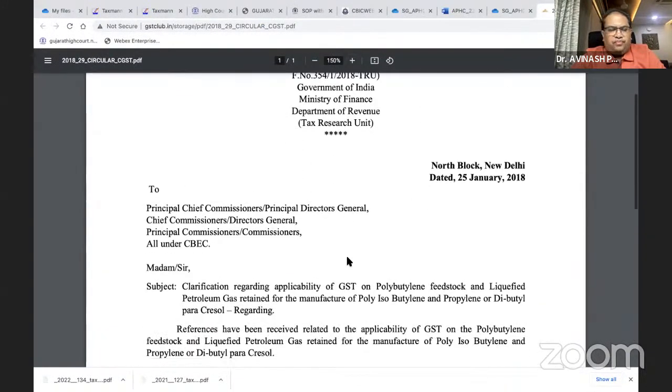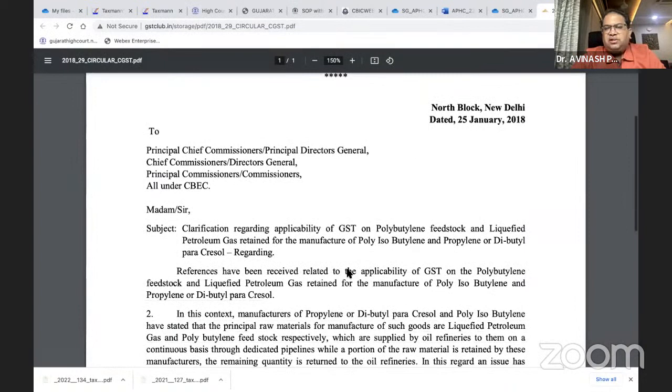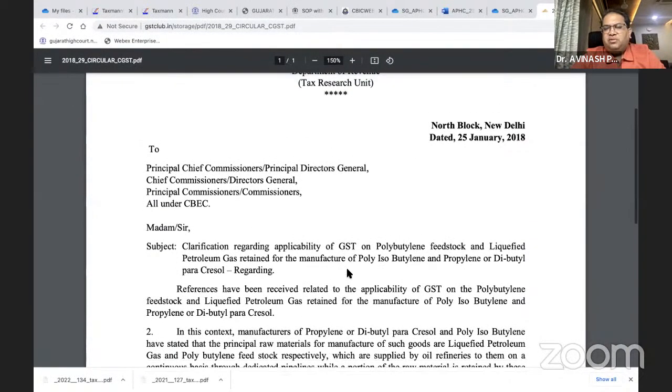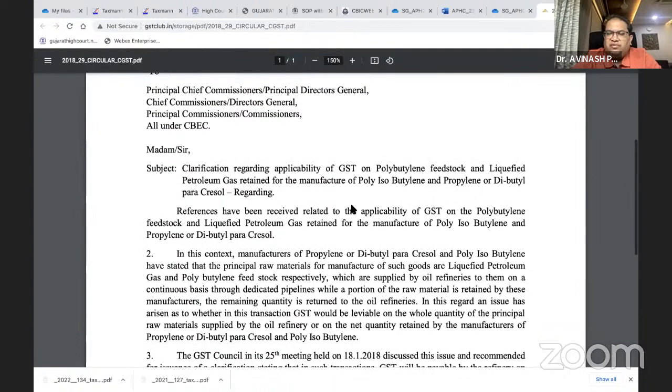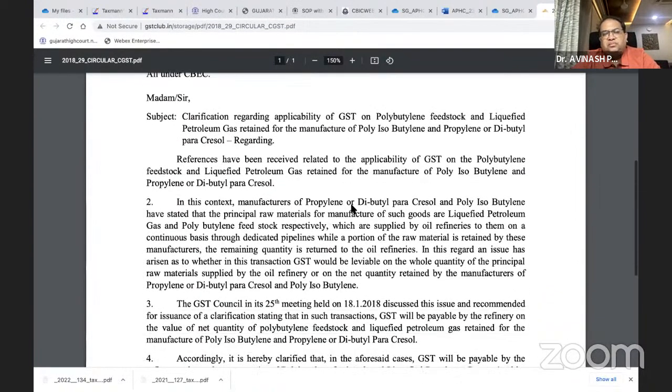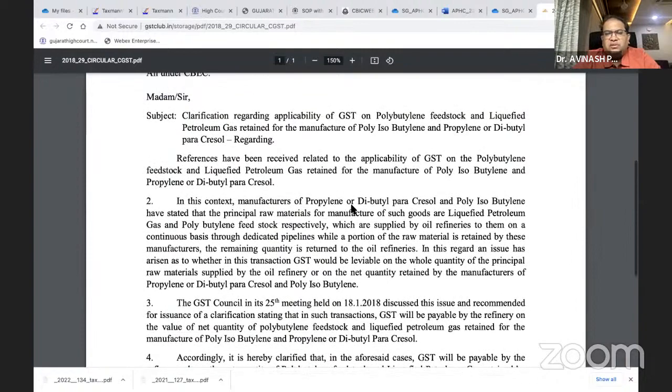It is a clarification regarding applicability of GST on polybutylene feedstock and liquefied petroleum gas retained for the manufacture of polyisobutylene and propylene or D-butyl paracresol. So the applicability of GST has been clarified on these products. Para 2, I'll be starting with.